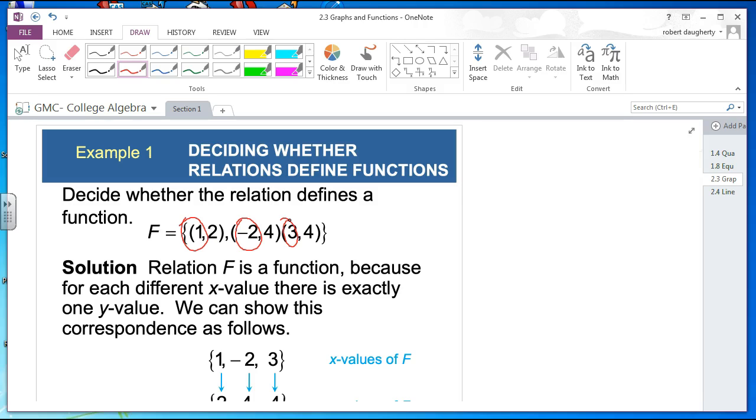Now, if (1, 3) were added to that relationship, that would tell me that when you input a 1, you get a 2 and a 3 back. So if you have (1, 3) added, this is what makes it not a function.